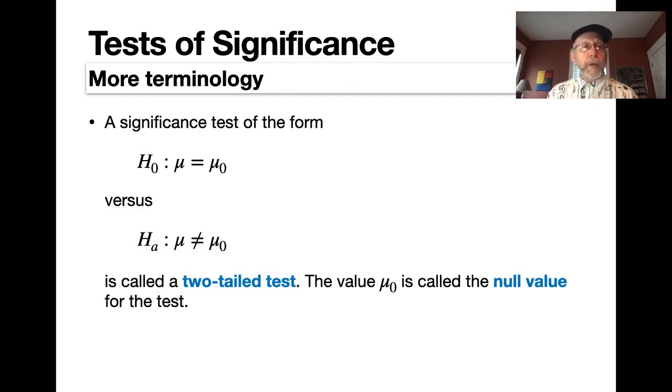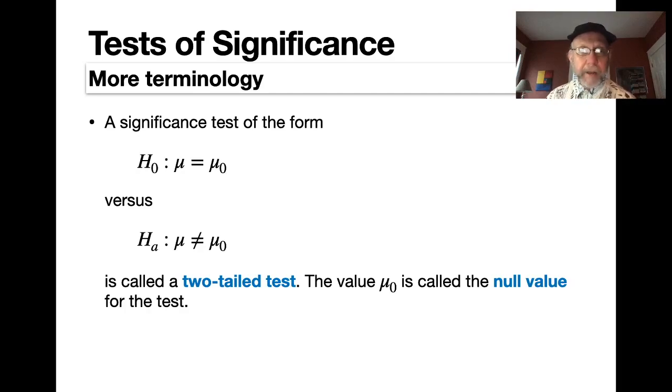A little bit more terminology. A significance test that has the same basic form as the one we've been considering, that is, the null hypothesis is that mu is equal to some certain value, which I'm calling mu sub 0 here, versus the alternative that mu is not equal to that value, is called a two-tailed test. That's because when we're trying to determine whether the data is consistent or not, we're looking at both tails.